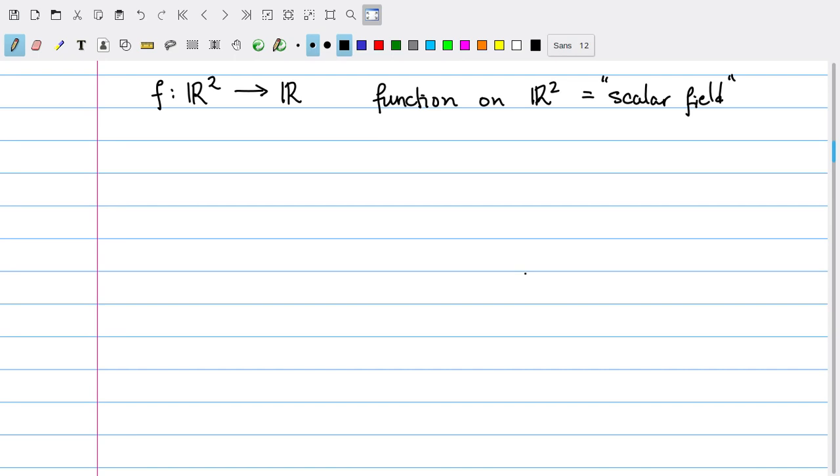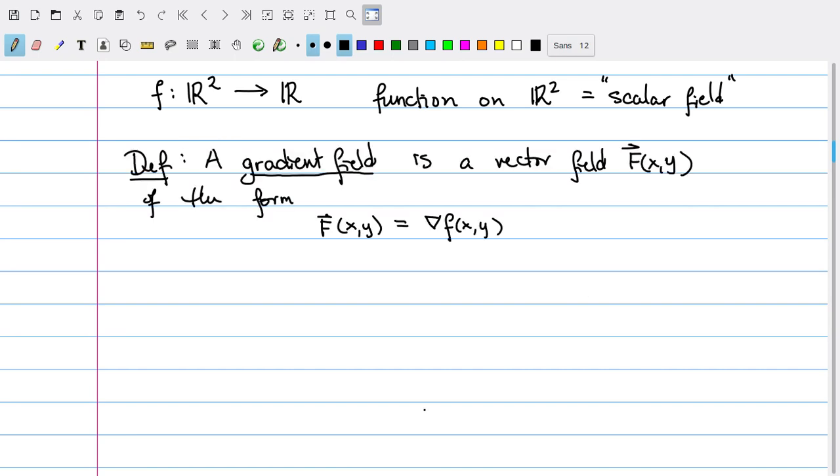One of the most common ways of creating a vector field is to take a scalar field and take its gradient. These kinds of vector fields are often called gradient fields. Specifically, a gradient field is a vector field which is the gradient of a function. Another name for gradient fields is conservative vector fields.